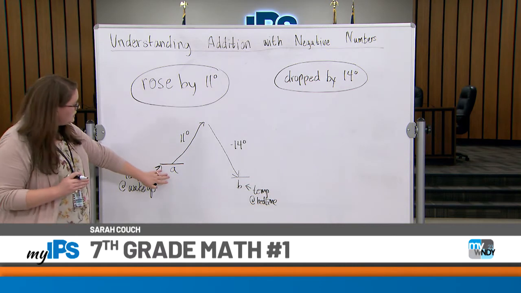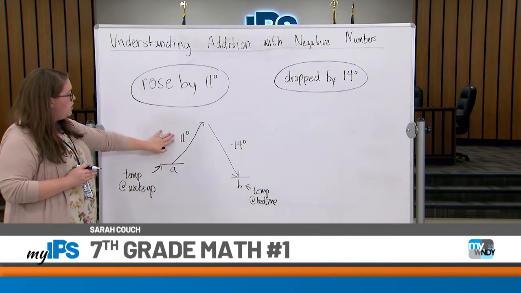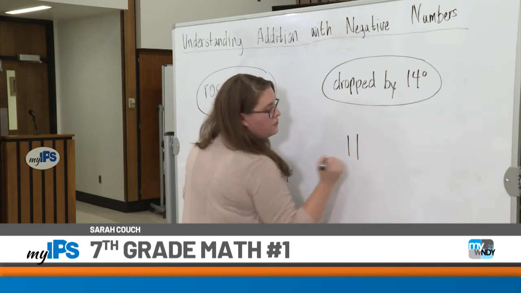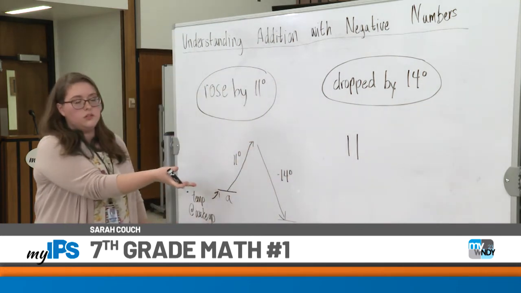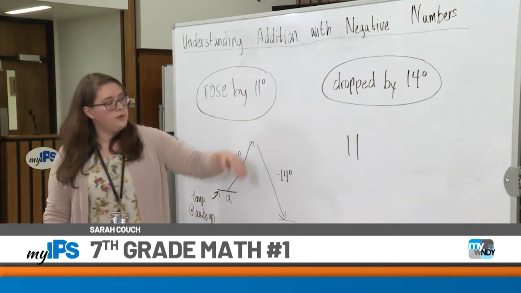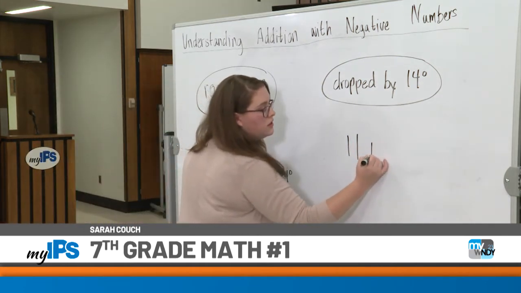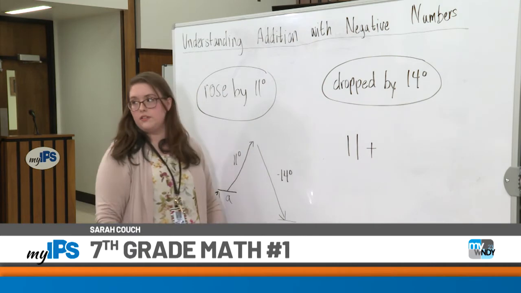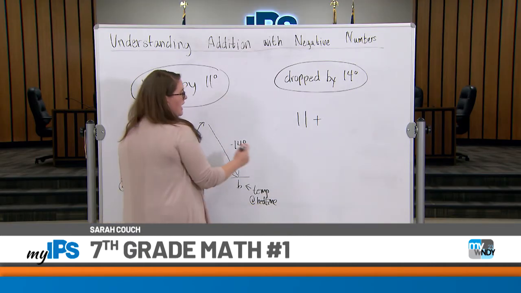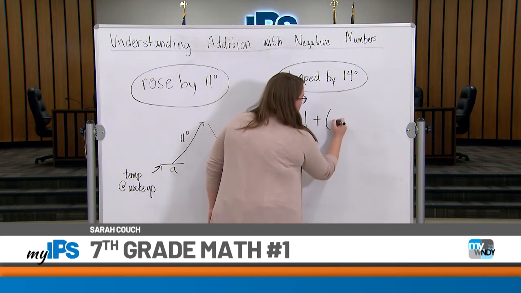Obviously we don't have A, so we can't start there. We're going to start with our positive 11. We don't need to put any symbol in front of it because it is just positive 11. Now we need to think about that drop, and they want it to be addition, so that is the symbol we have to use. In order to add this, we need to add it as the negative value. Make sure to use your parentheses.